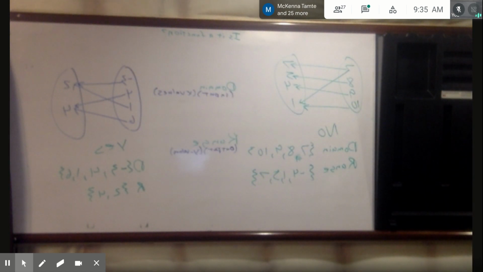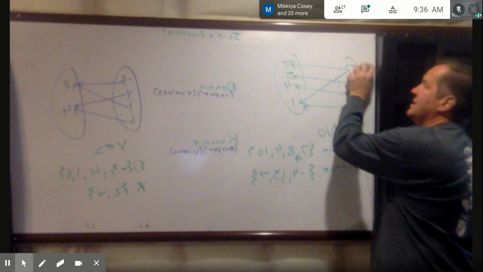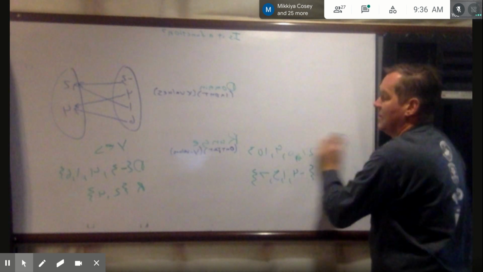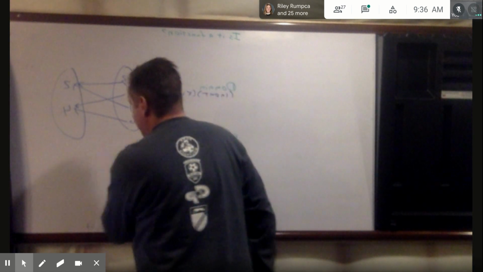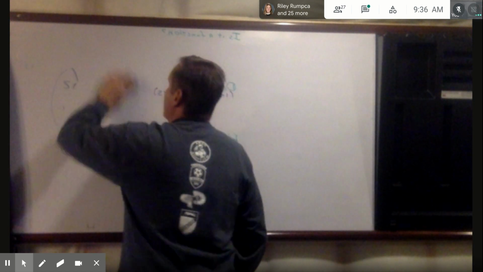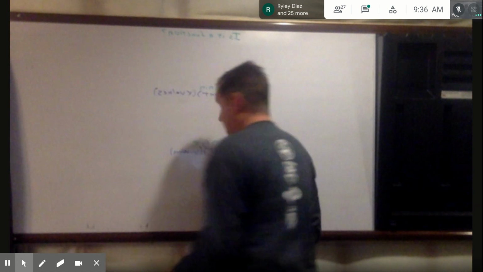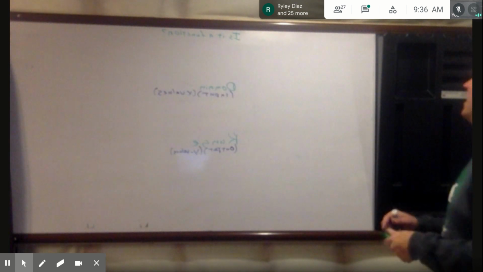Okay. Last part is just about as easy. They're going to give you a series of points. Once again, you don't have to graph these. You just say function, not a function. All right. Here we go.